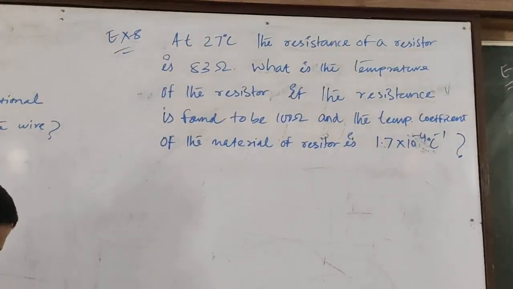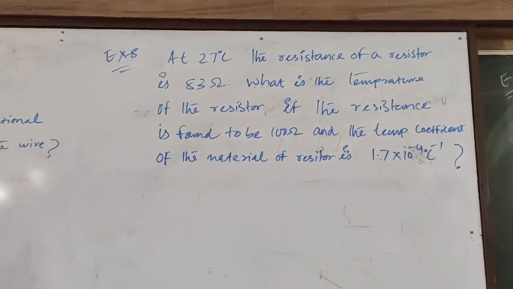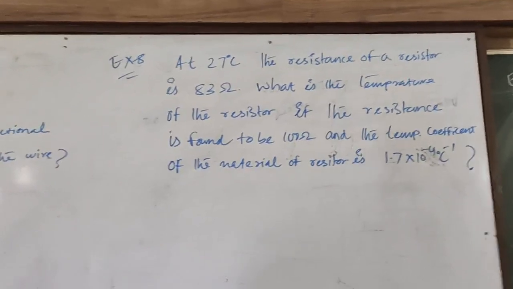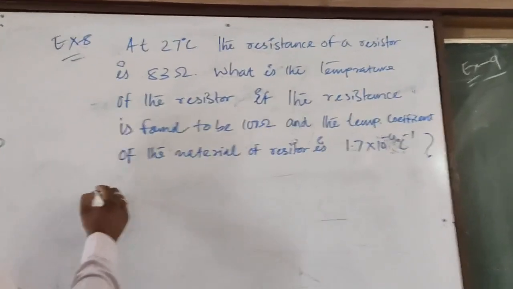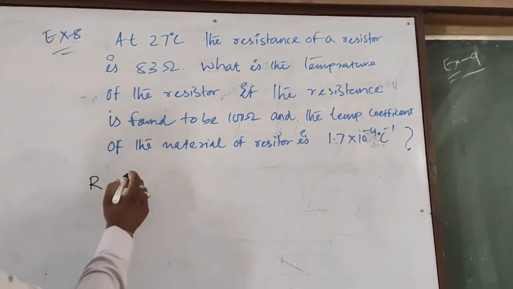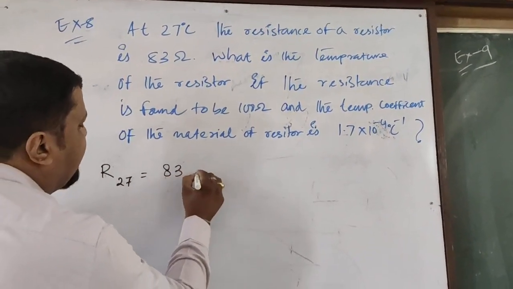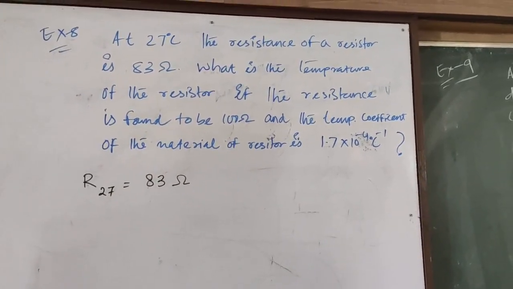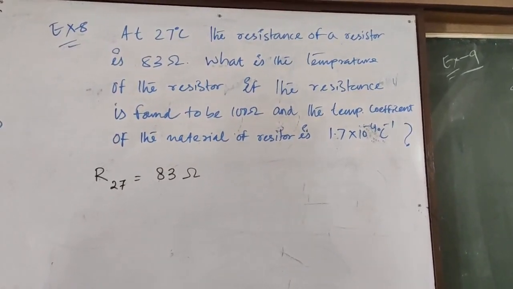Okay, next question. At 27 degrees centigrade, the resistance of a resistor is 83 ohm, so I can write R27 is equal to 83 ohm, given. What is the temperature of the resistor if the resistance is found to be 100 ohm?